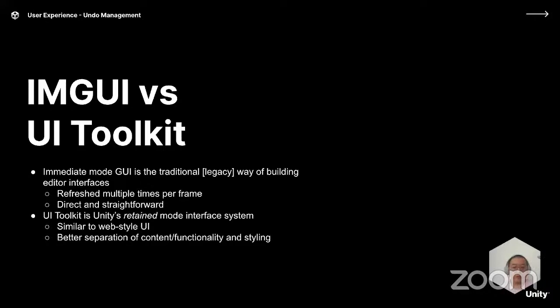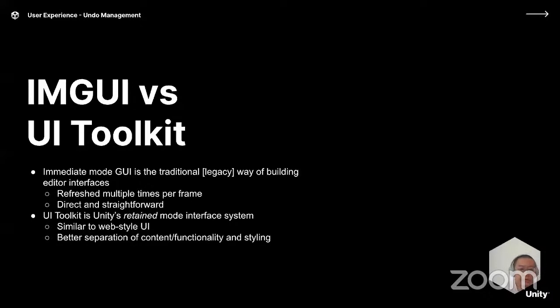It refreshes multiple times per frame. It's very direct and straightforward. It's really quick to prototype things because whatever you draw, you know what its value is because you're drawing it right there and then.